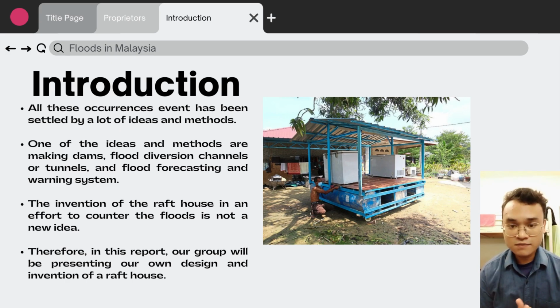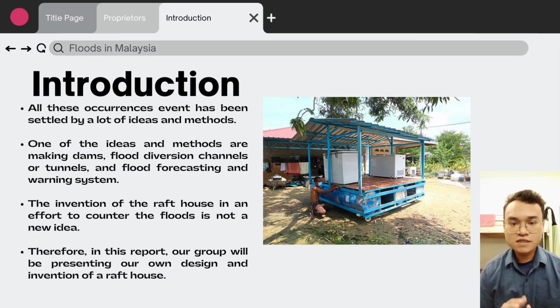One of the ideas and methods are making dams, flood diversion channels or tunnels, and flood forecasting and warning systems. So basically, there is one idea or invention, which is the invention of the Raft House, in an effort to counter the flood.